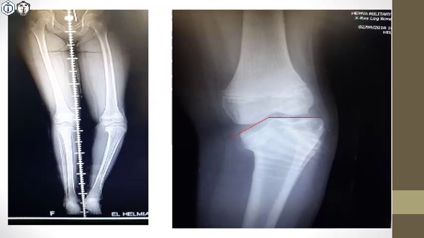We can see here the obliquity of the medial condyle in relation to the lateral one, and it is very clear that there is an angle of about 45 degrees, together with a good bowing of the metaphysis. So we have two deformities: the medial condyle depressed, and the metaphysis in varus.